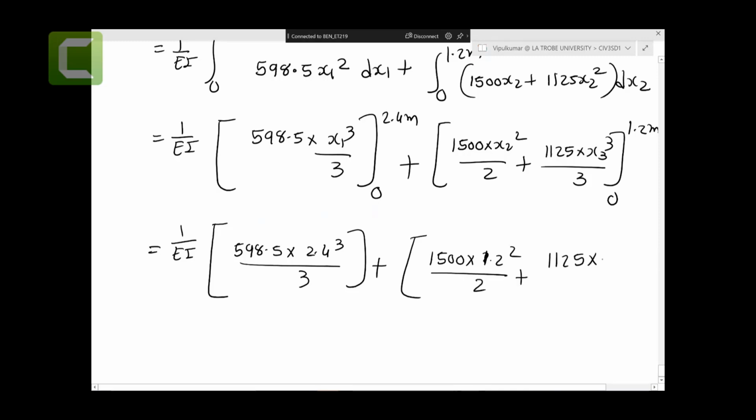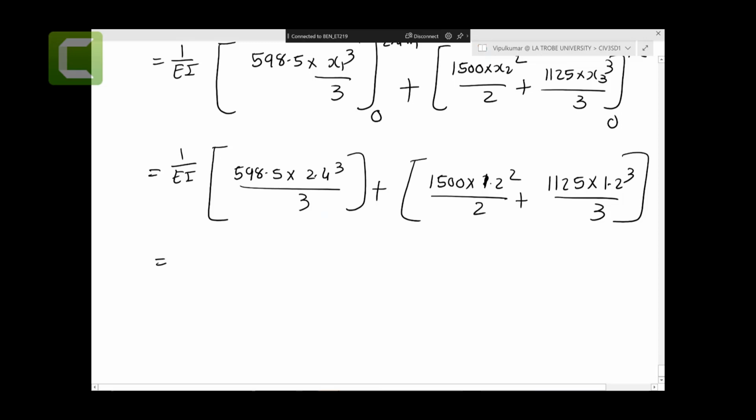Sorry, this is just maths. If you solve this: 598.5 times 2.4 cubed divided by 3 is 2757.89, plus 1080, plus 648.